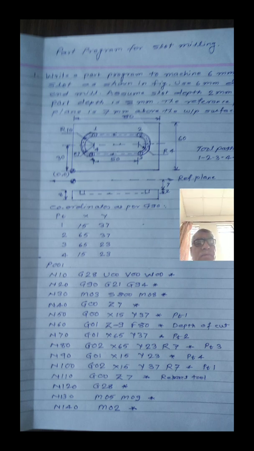Is it clear? You have to mention the cutter movement radius. Cutter moves from 2 to 3 along the radius having 7 mm. Your cutter path is central, therefore radius is 7. Is it clear?